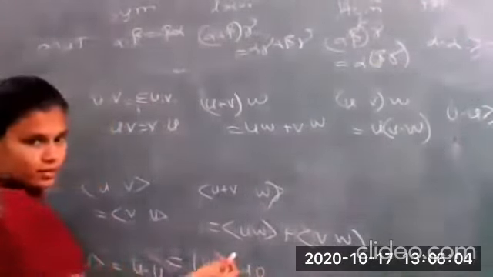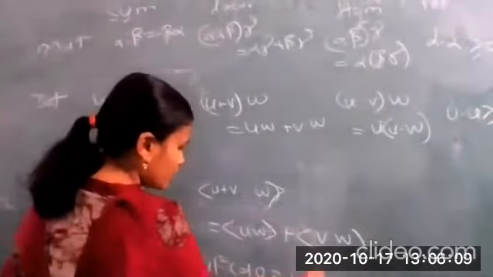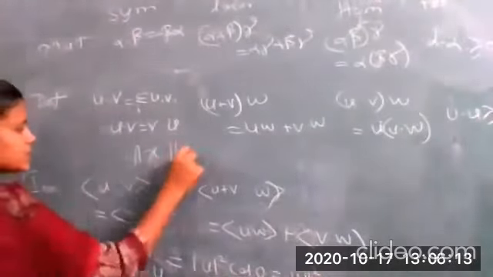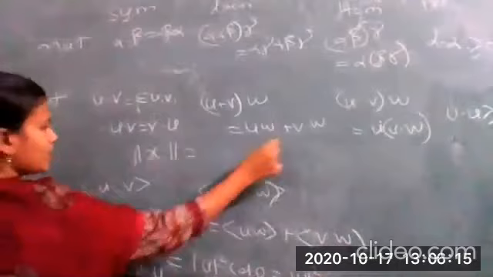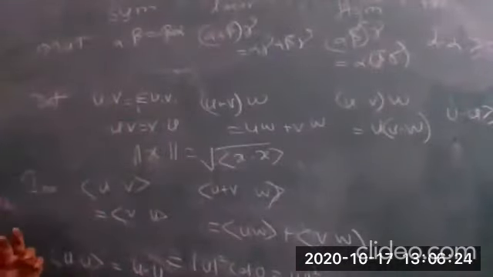Now cos theta, what is the angle between itself? Theta is 0. So we can write it as mod u square. So we can now say that the norm of x is nothing but the square root of the inner product of x with itself. Correct? So the inner product is derived with the help of a norm.